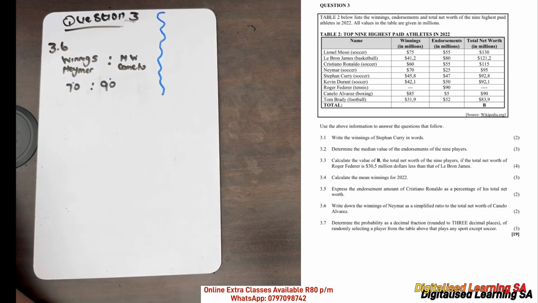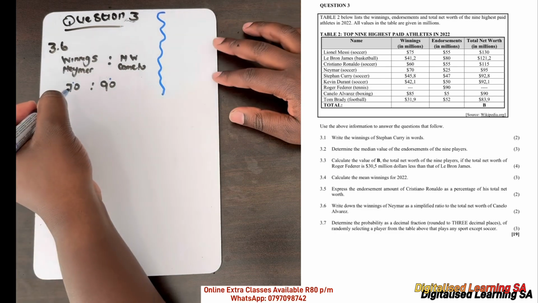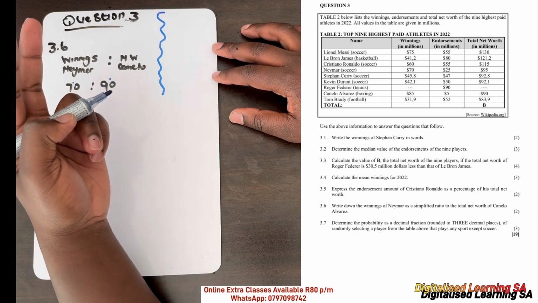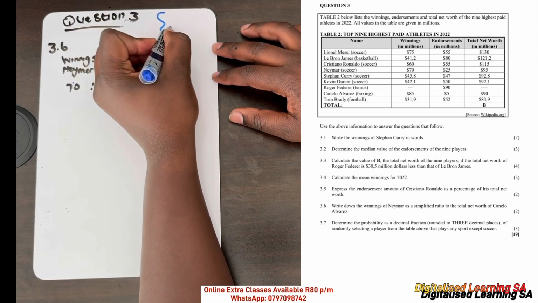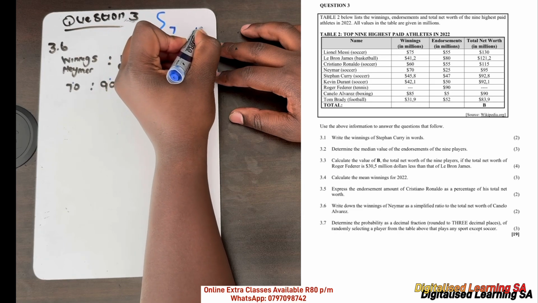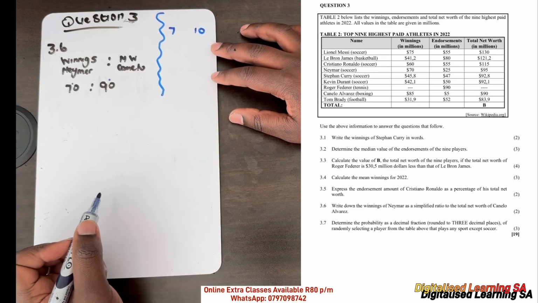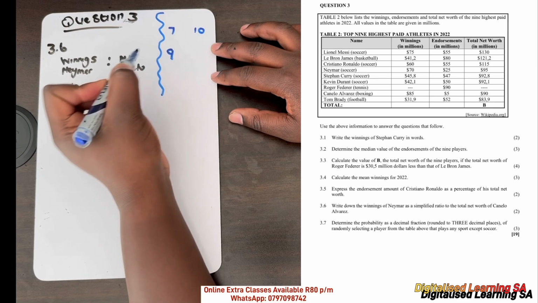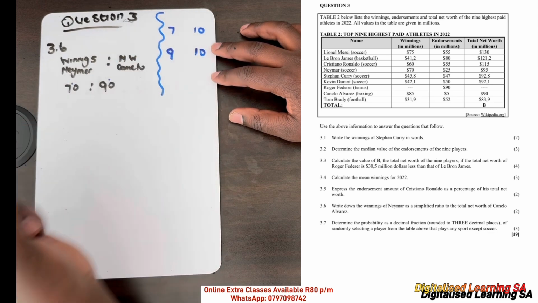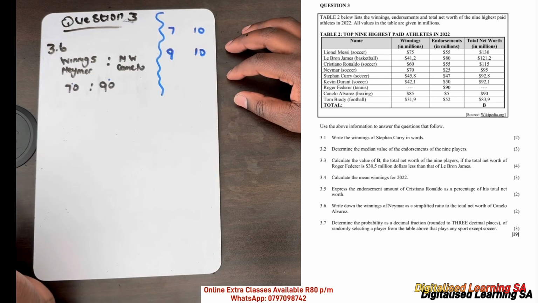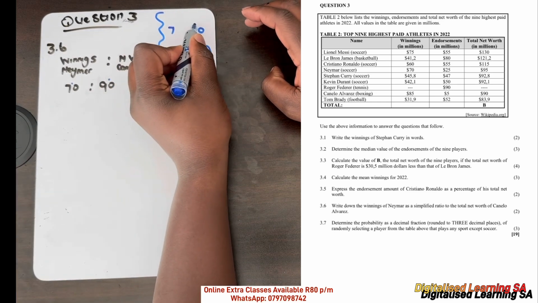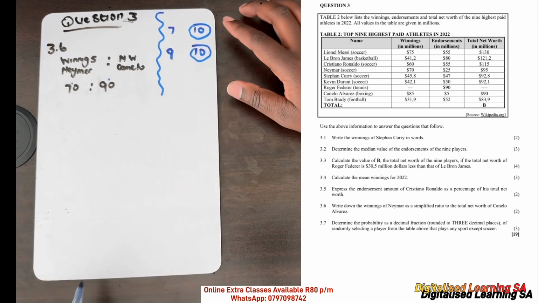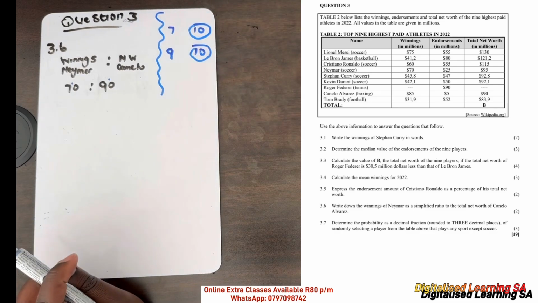We know that 7 multiplied by 10 is 70, and 9 multiplied by 10 is 90, meaning that our common factor is 10, because 10 can be used to multiply both.